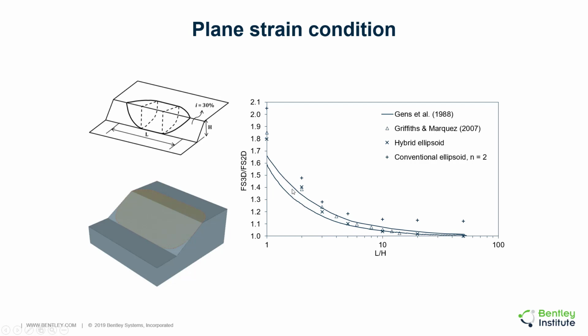The problem is that there are, in reality, small defects in the geometry or loading conditions, and any small defect quickly tends to collapse a surface's desired shape back to an ellipsoid type of shape. Therefore, even though this is a perfectly theoretical condition where 3D drops to 2D, in reality you don't typically have that. You don't typically have an infinite slope where the geometry is perfectly consistent in the 3rd dimension.